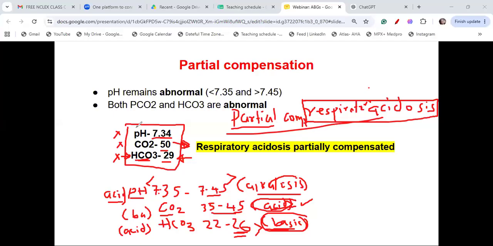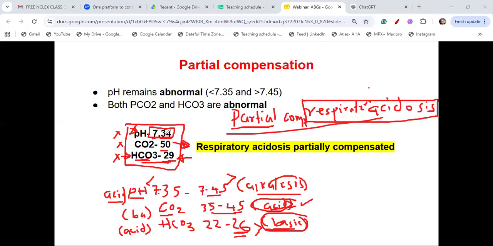That's why we bring in the aspect of partial. Why partial? Because our pH is not yet back to normal. Yes, the kidneys are trying to correct it, but it's not yet there. Because when it's fully compensated, then our pH will become normal.